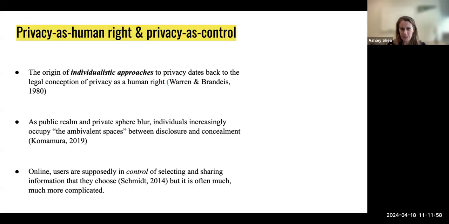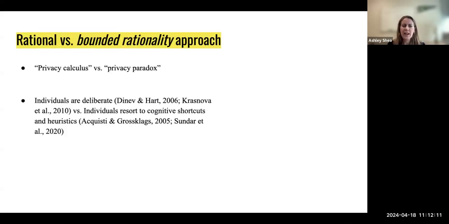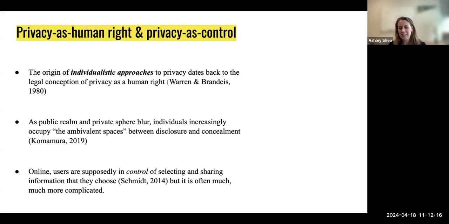So in this country, in society at large, we tend to think of privacy as an individual right. And in fact, this has roots as we trace them back to the conception of privacy as a human right decades ago. Now, as our public realm and our private sphere increasingly blur, as we engage in interactions on social media with our close peers, but we also have other strangers within that sphere as well, these realms mix.